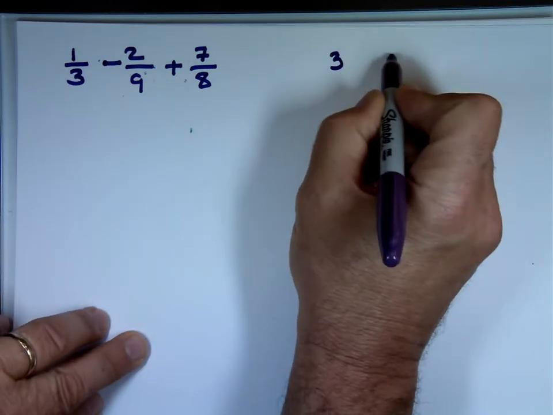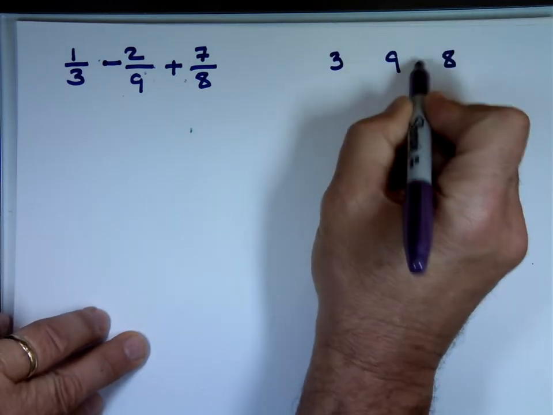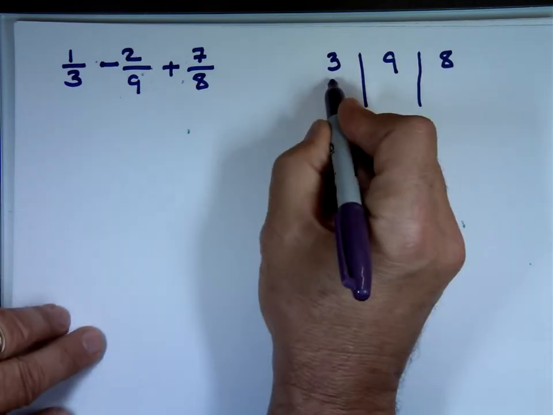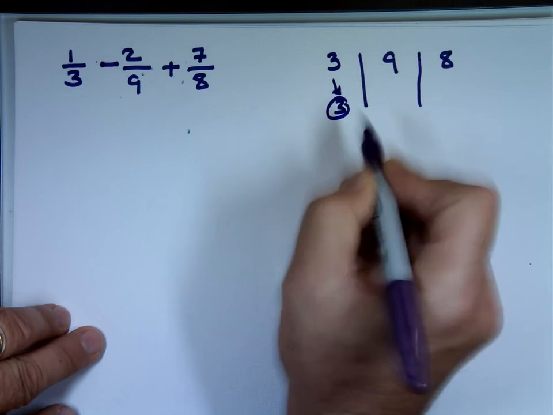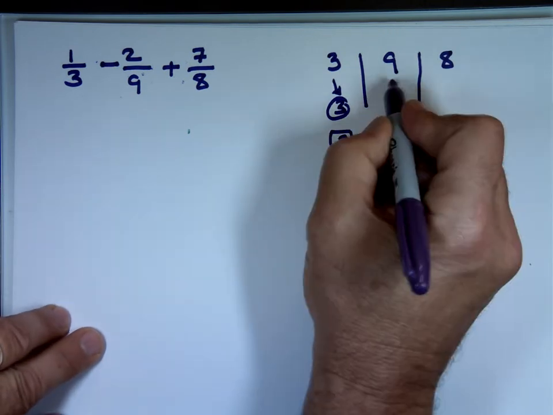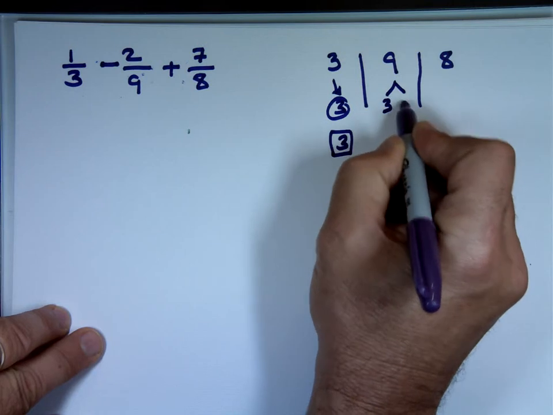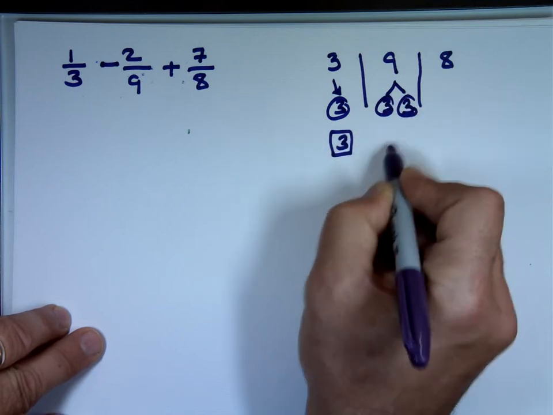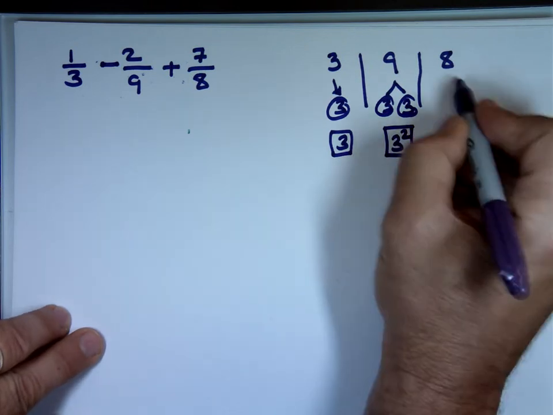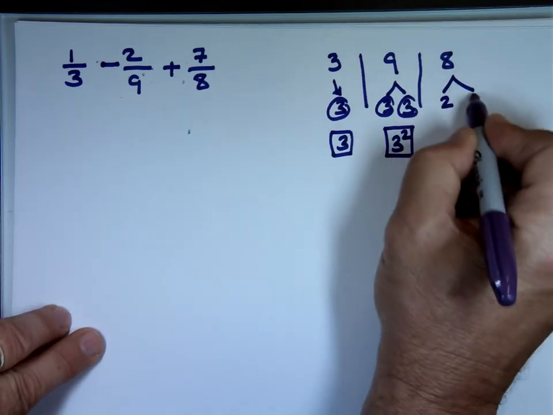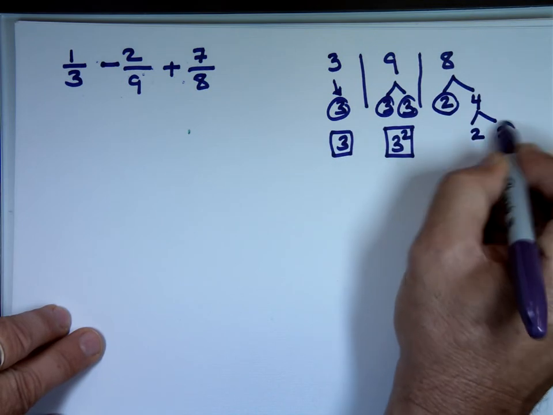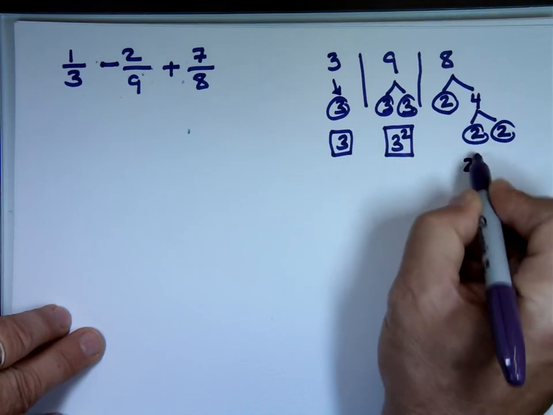I kind of know what the answer is, but most of the time, you don't know the answer to that. So the 3 happens to be a prime number, so I don't have to break it anymore. The 9 is what? 3 times 3. That's 3 squared. The 8 is what? 2 times 4. 2 is a prime number, 4 is not. 2 times 2. That's 2 to the 3rd.